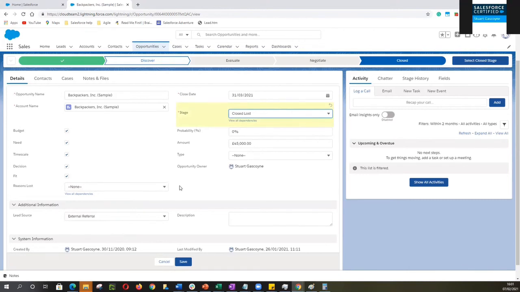I've defined 5 reasons why we might have lost the deal so that I can do later analysis. So let's have a quick look at them. Competitor. I would expect that to happen at the evaluate stage, although it could happen earlier. But it should not be selected if the real reason is a poor fit, which we should have established earlier in the process.